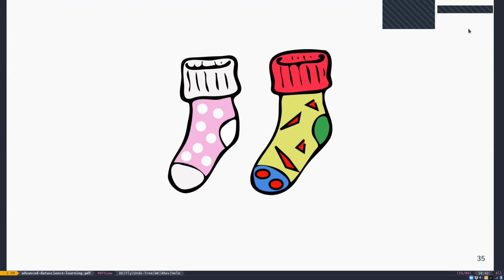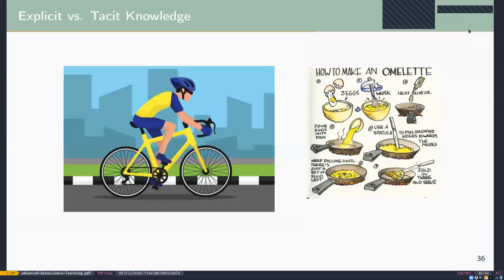And the reason for that is this thing which I like to call the difference between explicit and tacit knowledge. Everything that I've talked about so far has been like how to cook an omelette. Here's a recipe for exactly doing an omelette. This is explicit knowledge, right? We tried to make learning explicit, and we're so far off the capabilities that we can actually do. And then you've got this thing, which is riding a bike. I ride bikes all the time. I have no idea how I ride a bike, and I can't explain it to you, right?